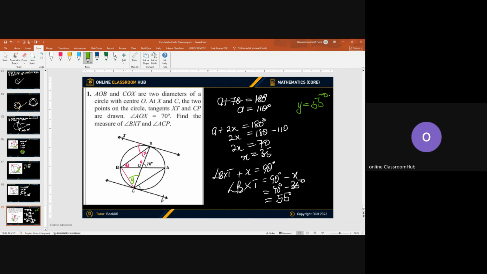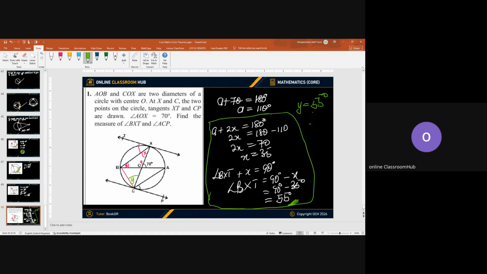What I am doing now, like here we are done. But assuming you don't want to use this method from the 110, you can ignore all this box. That means you will not use the X variable to find your BXT, but rather you put Y here. Then find half of the 110 to get your Y. Then straight away, you use the angle between the chord and the tangent.